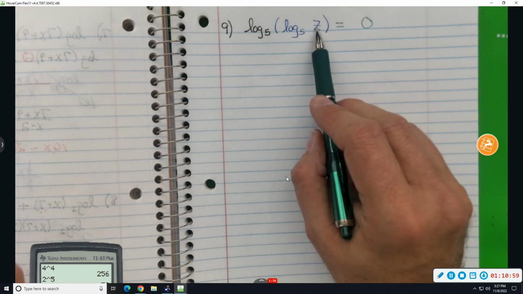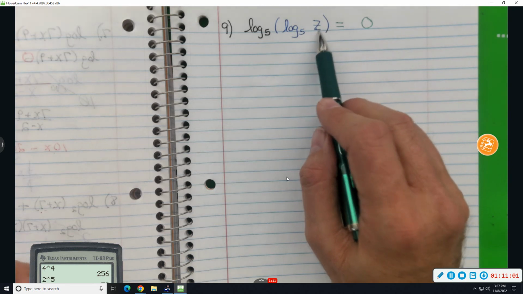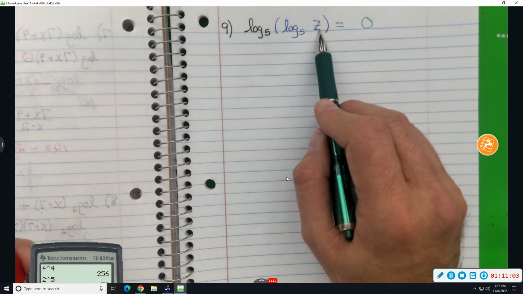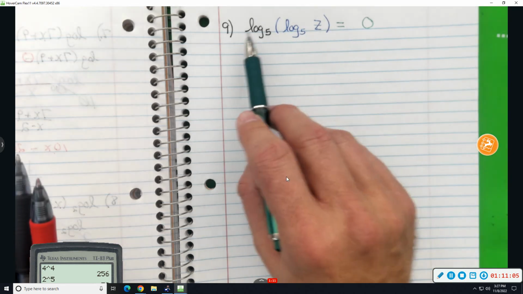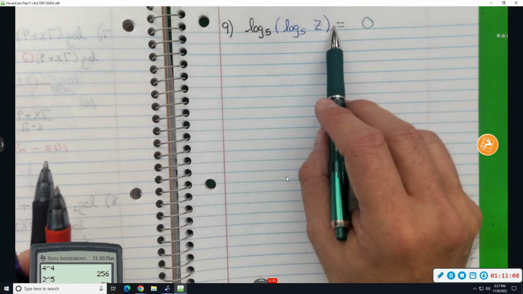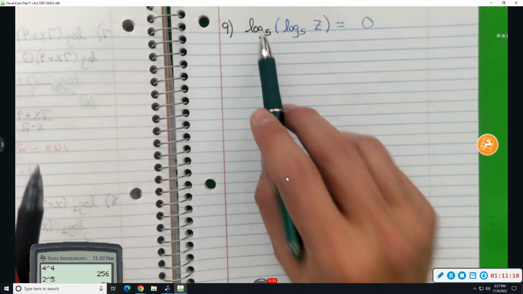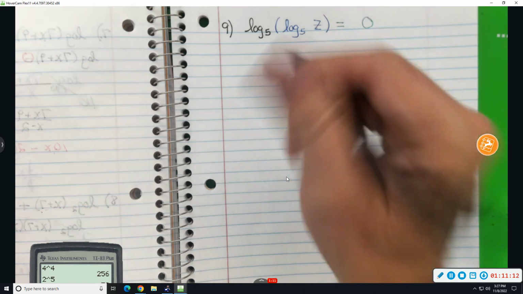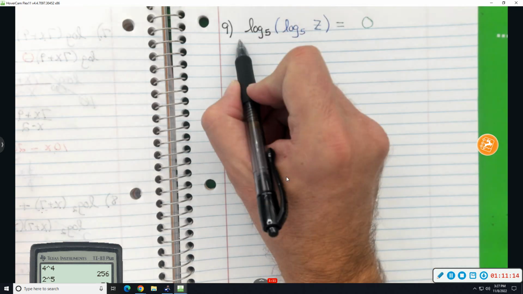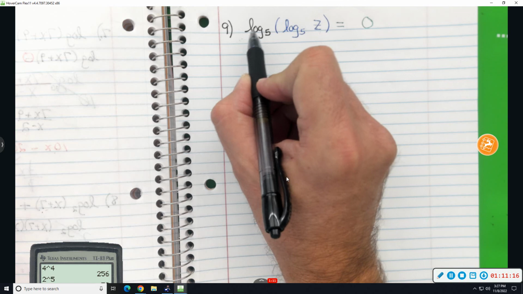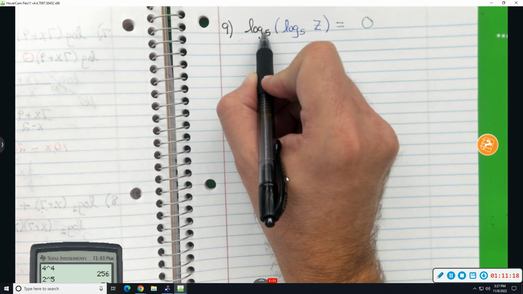There's just this one variable. We've got to isolate that variable. And we're going to do that by peeling away, canceling out the logarithms, starting with this first black log base 5. What black number would I need to put right here to cancel that out?